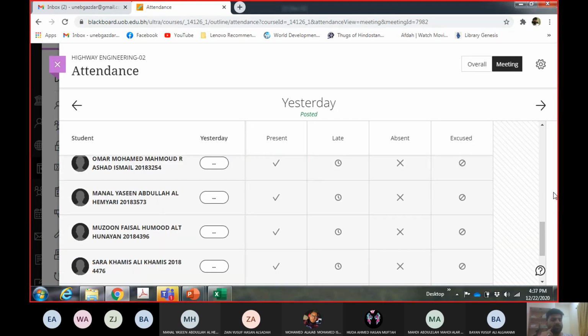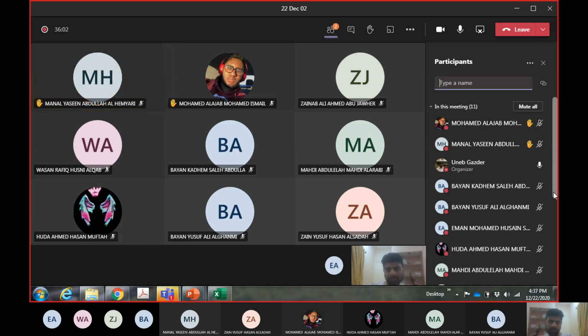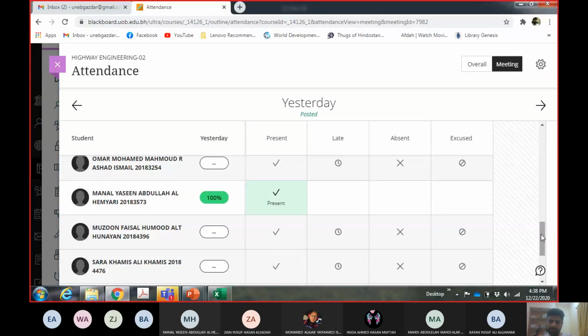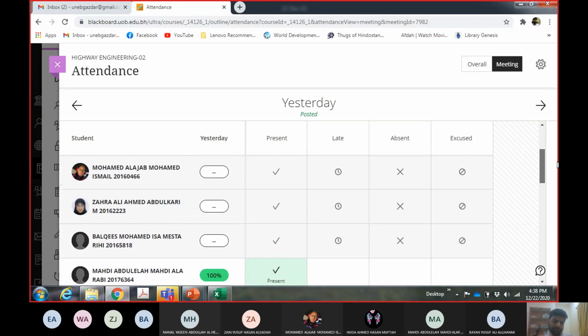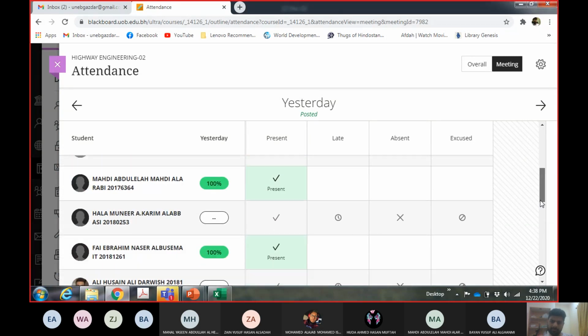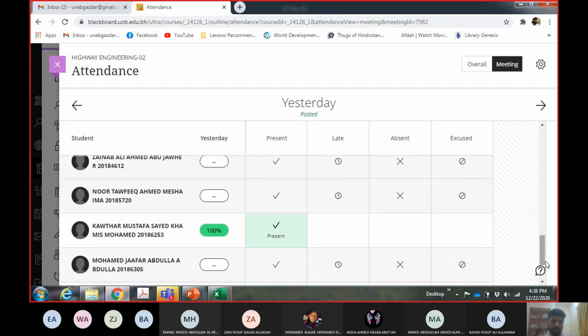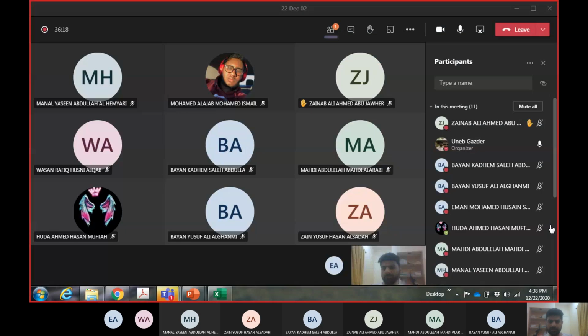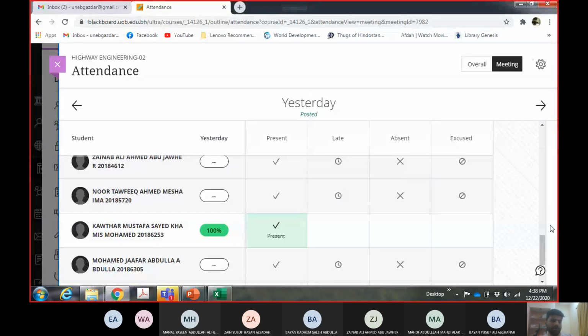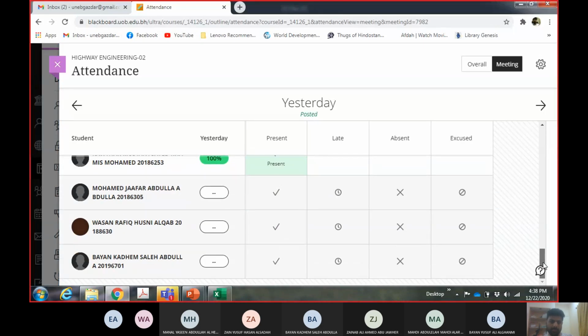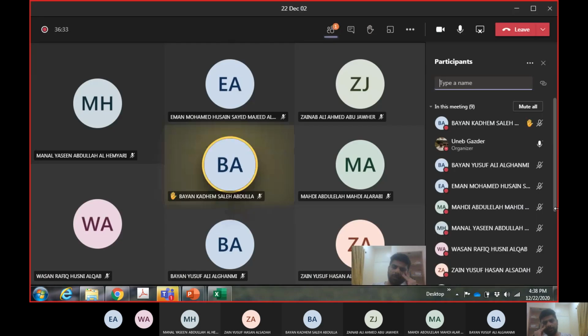Umar Muhammad, Manal Yasin, Muzun Faisal, Sara Khamis. Muhammad Al Ajab is here, okay. Zainab Ali Ahmad, Noor Tawfiq, Muhammad Jafar. Wasan Rafiq, Bayan Qadim.